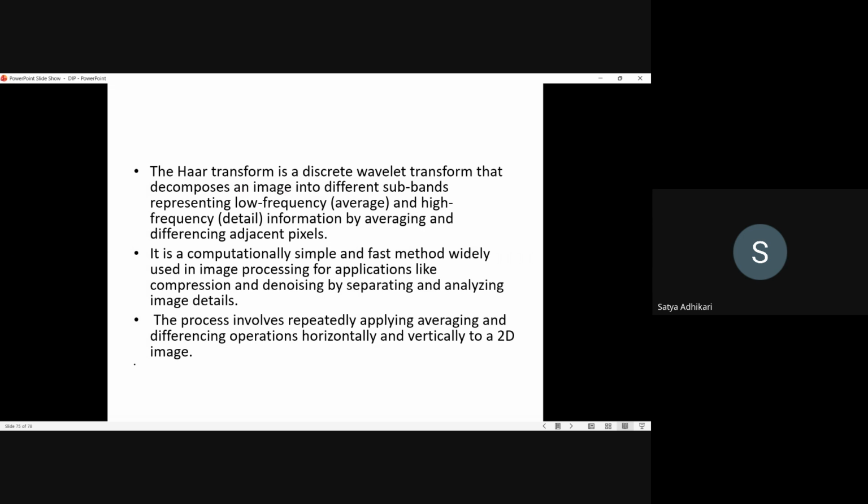The process involves repeatedly applying averaging and differentiating operations horizontally and vertically to a 2D image. So it finds the average of each component, like the average filter, the mean filter which we discussed yesterday.